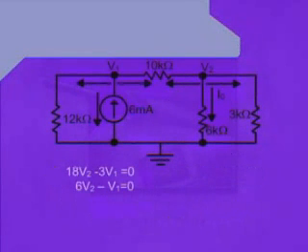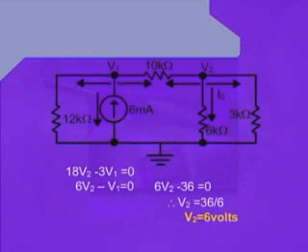To write down 18V2 minus 3V1 is equal to 0, or 6V2 minus V1 equals 0, or 6V2 minus 36 equals 0. Therefore, V2 is equal to 6 volts.